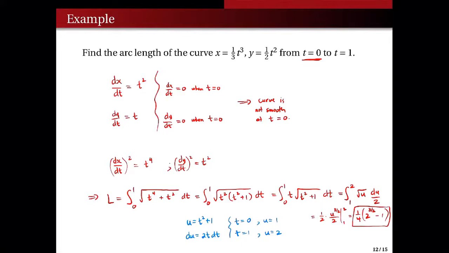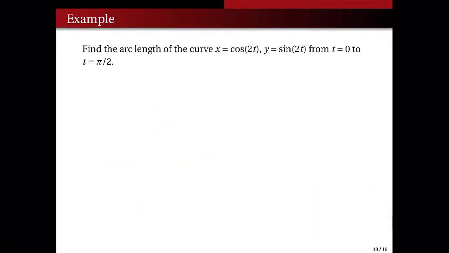Next, find the arc length of the curve x equals cosine 2t, y equals sine 2t from t equals 0 to t equals pi over 2.